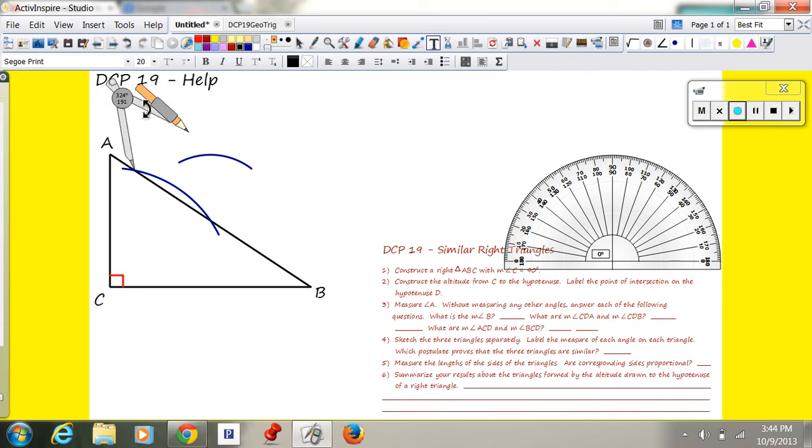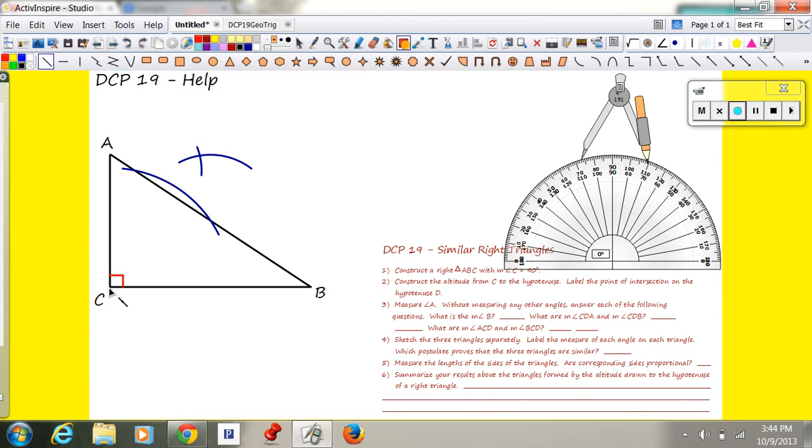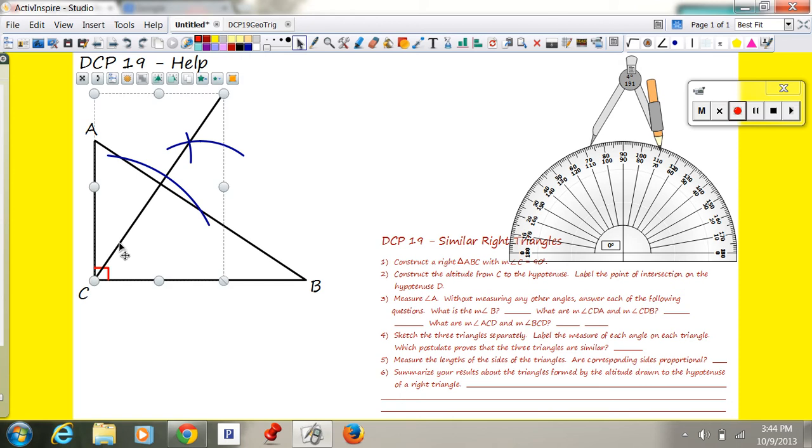Okay, so somewhere right around there, and then you make your X. Then you connect point C with your X. You need to get it right through the middle of the X and right exactly on point C. If you do that, then it should be an exact perpendicular.